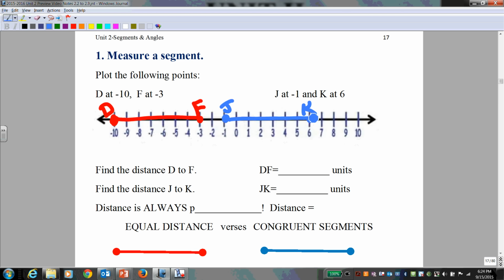So we have a segment DF, which is a piece of a line, and a segment JK, which is a piece of a line. Let's bunny hop and find the length or the measure or the distance between D and F.